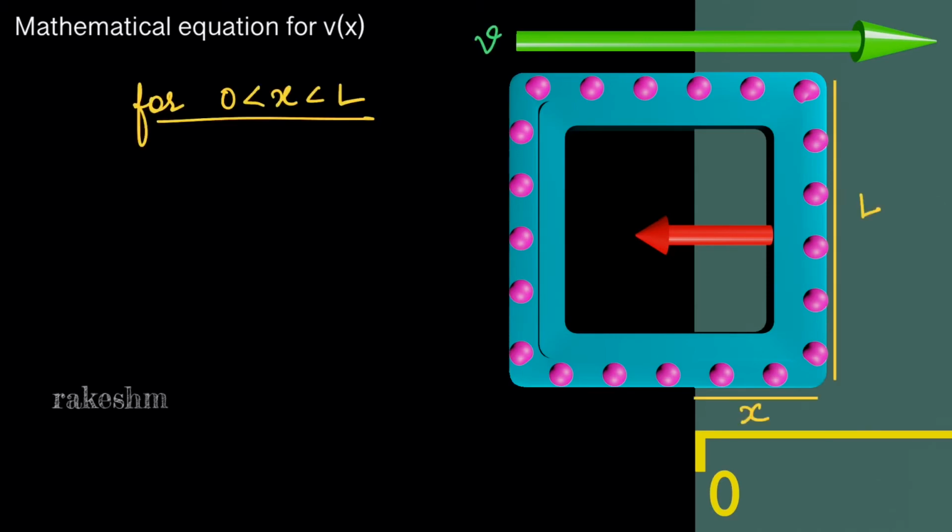Let us move on to writing the mathematical equation for velocity of the loop as a function of x. First, let us analyze from x equal to 0 to L. So this here is x, this length is L, and say at this time the speed of the loop is v.